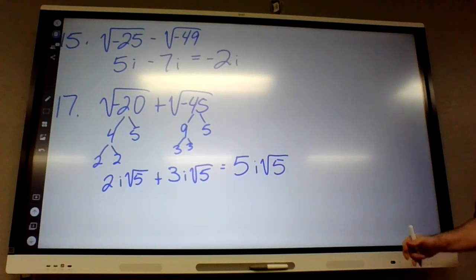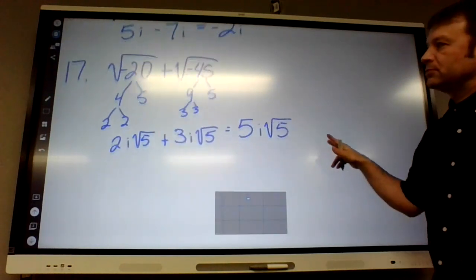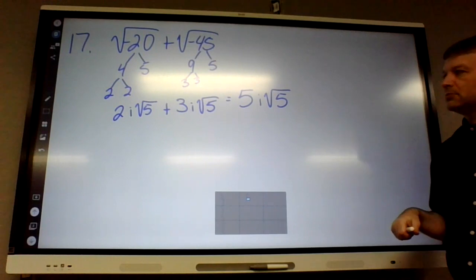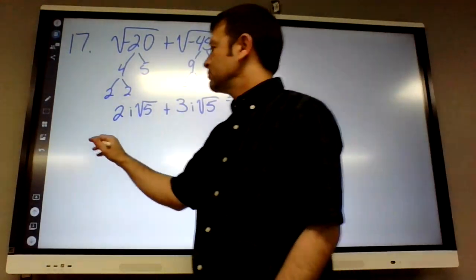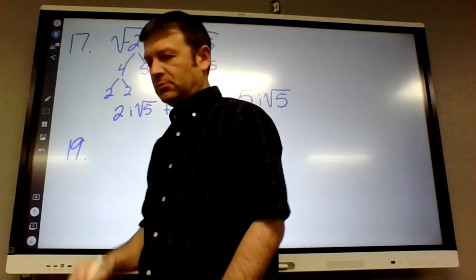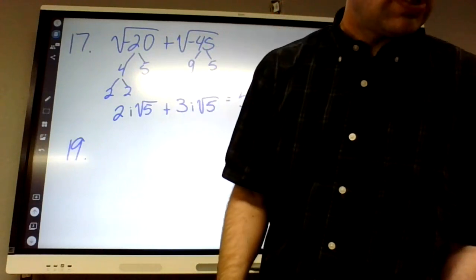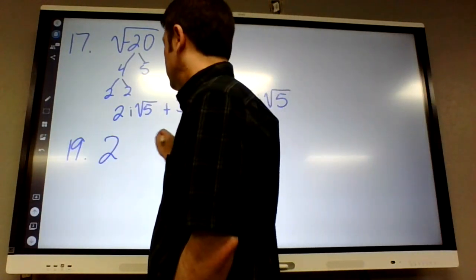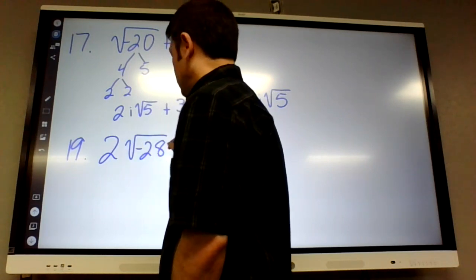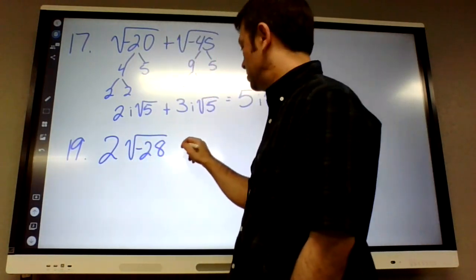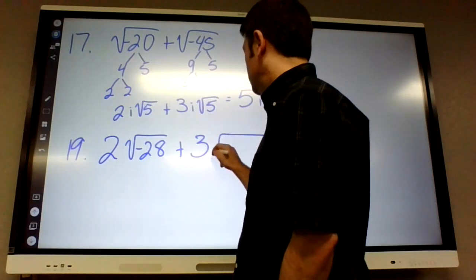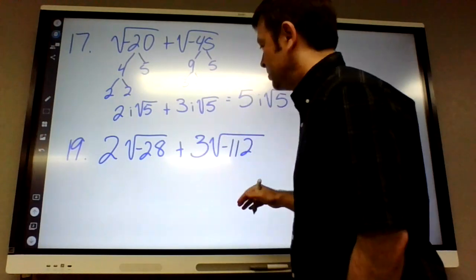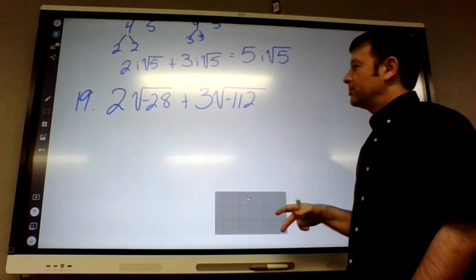All right. Next one: 2 times square root of negative 28, plus 3 times square root of negative 112. This looks like a lot of work.